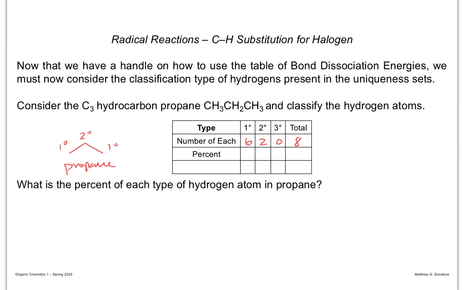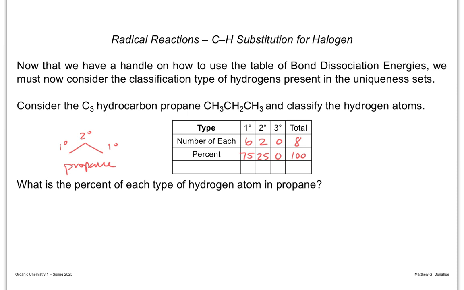Then all we're going to do is take the number in that row divided by the total to get the percent. So we have 6 over 8 and then 2 over 8, which gets us 75, 25, 0 in our total 100%.